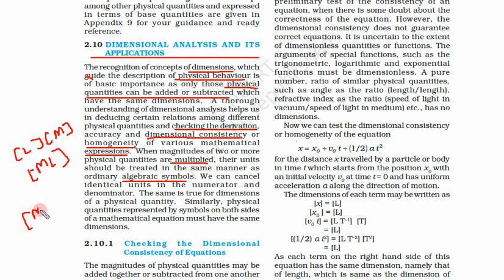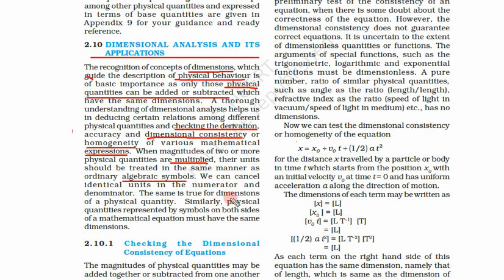As we have just learned, ML^2 divided by M, we simply get L^2. This helps us maintain the consistency of different formulae. If a formula is given and it is not consistent, we can make it consistent with the help of dimensional analysis.